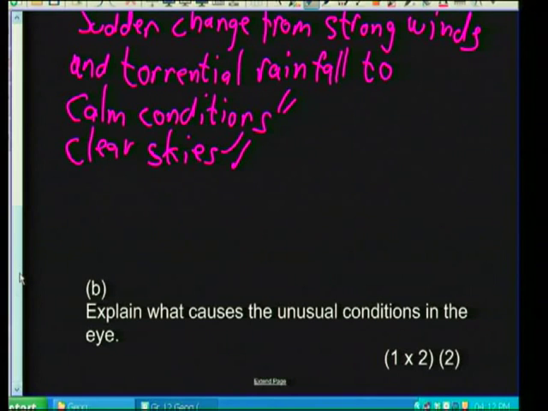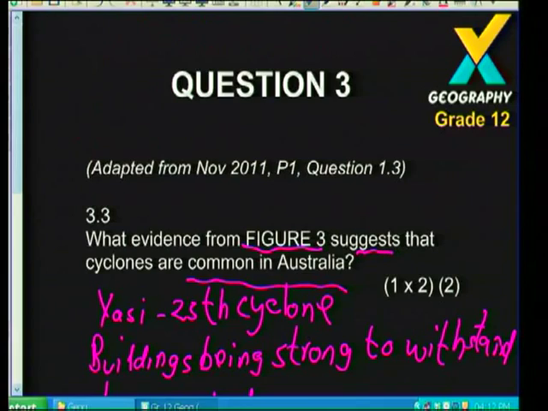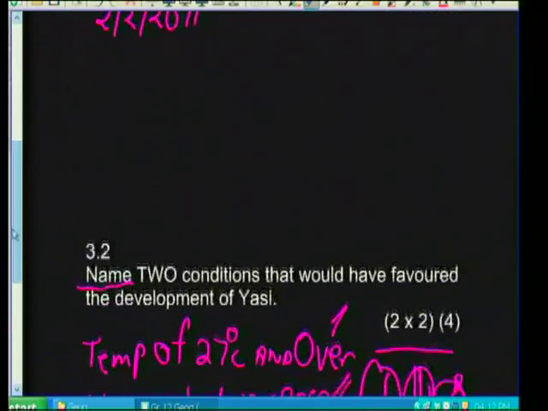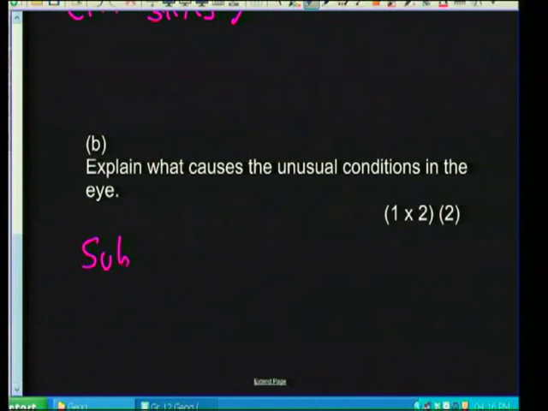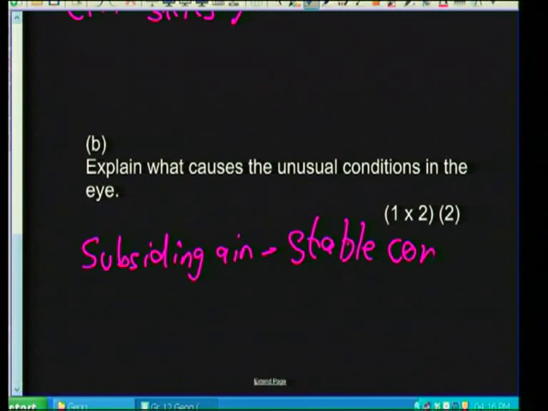Explain the cause of the unusual conditions. And when we drew the eye, we learned about, okay, I'll show you this one, that some of the air subsides, subsiding air around the eye, and therefore the subsiding air brings about stable conditions, therefore it brings calm, etc. So the answer here would be subsiding air, which brings stable conditions.